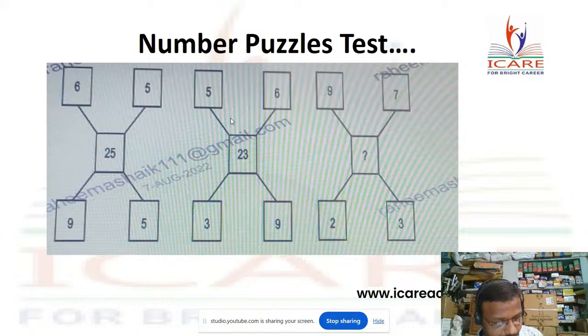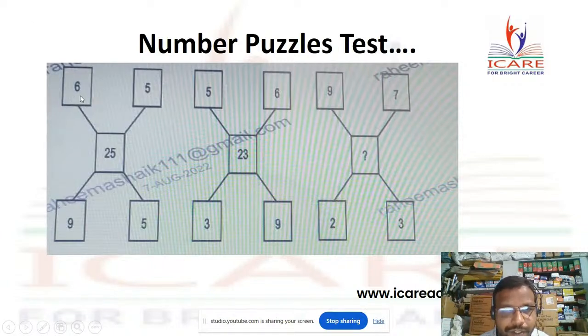One. What is the logic? Just you can add. Good. Almost more than 20 members responded.